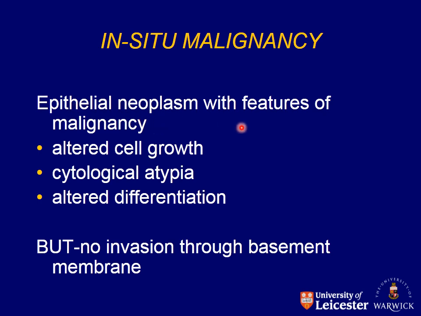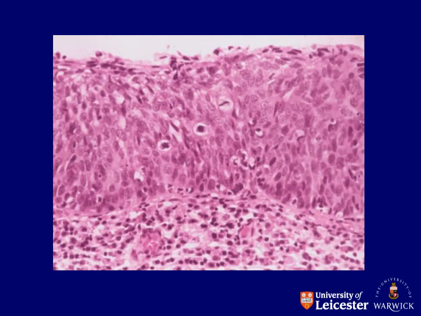Epithelial neoplasms with features of malignancy have altered cell growth, cytologic atypia, and altered differentiation, but no invasion through the basement membrane. Such features are labeled as in situ malignancy. Here is the picture shown to you. My dear students, this is the basement membrane, the basal layer.